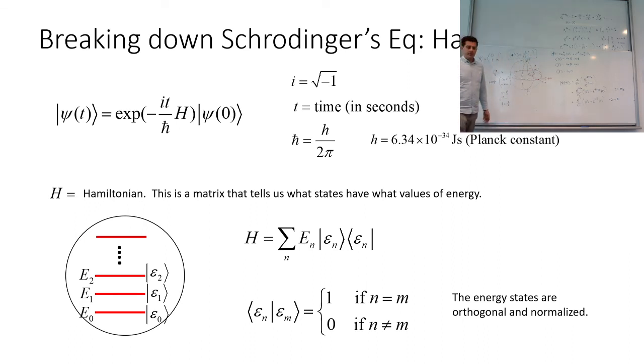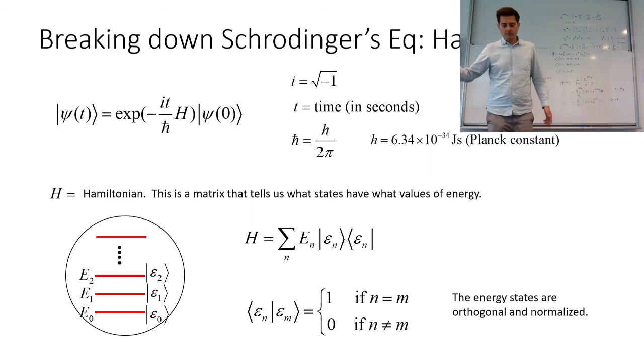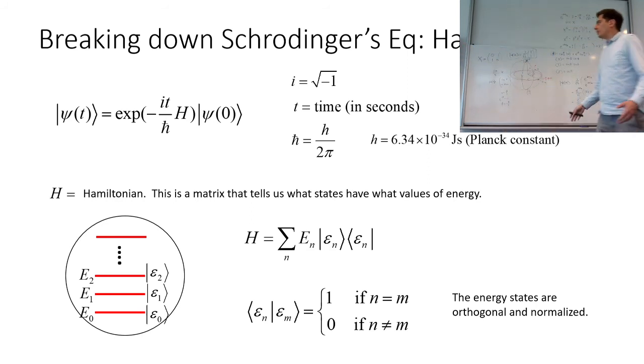Even though this is a very special matrix that has a big role in Schrodinger's equation, it's also an observable, so it totally makes sense to ask: what is the expectation value of the Hamiltonian? What that would give is basically the average energy. So if you did that, you'd be finding the average energy.